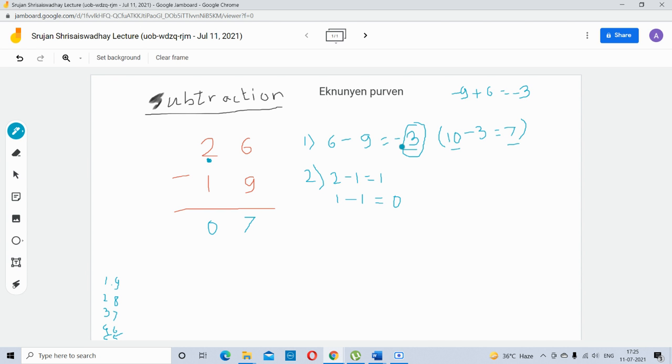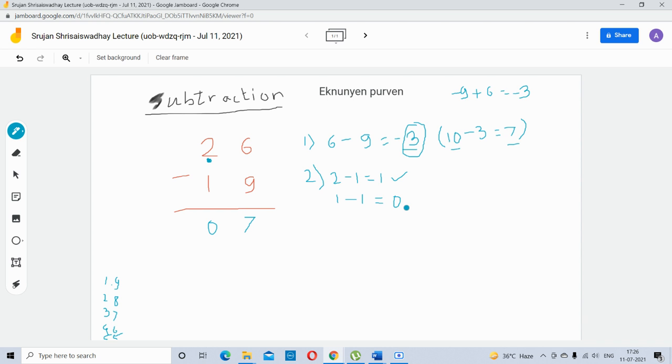The complementary number of this negative number is the positive number 7. You write 7 over here, and that minus is indicated as a dot. Then 2 minus 1 is 1, and 1 minus 1 is 0. This is how you carry out the subtraction.